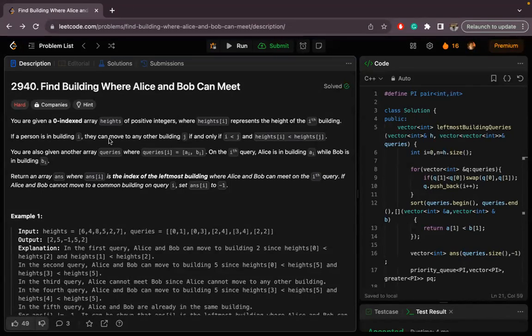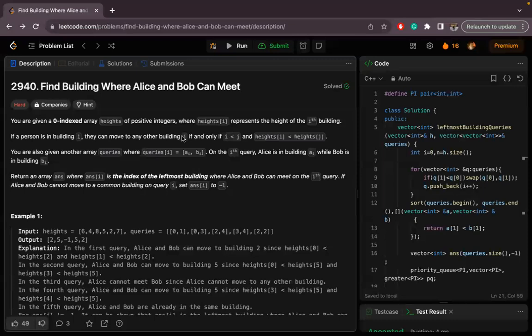And you are given some operation for how a person can move from one building to another. There is a rule: a person can move from the ith building to the jth building only if j is larger, right?